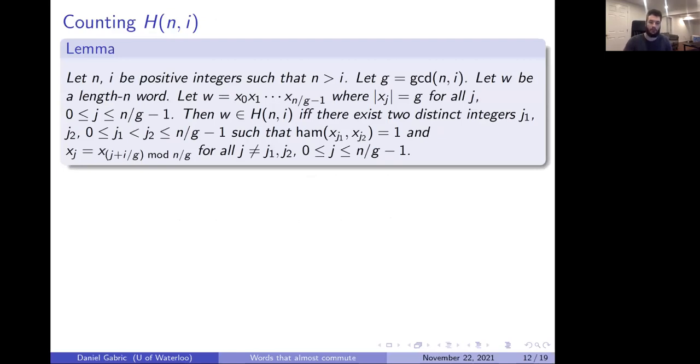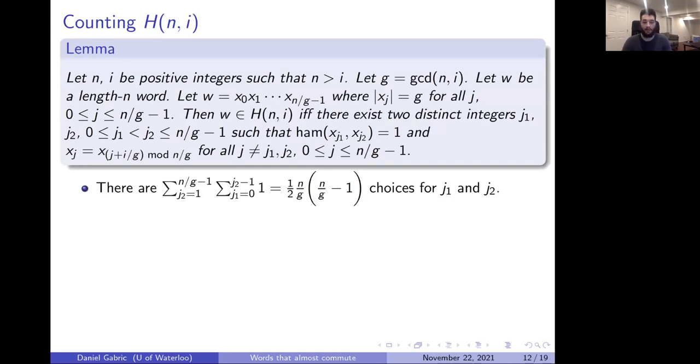So now that we have this characterization, we can count the number of words in H_n^i. We need to count the number of ways to choose j1 and j2, and we also need to count the number of ways to choose x_{j1} and x_{j2}. So j1 can go from 0 to j2 minus 1, and j2 can go from 1 to n/g minus 1.